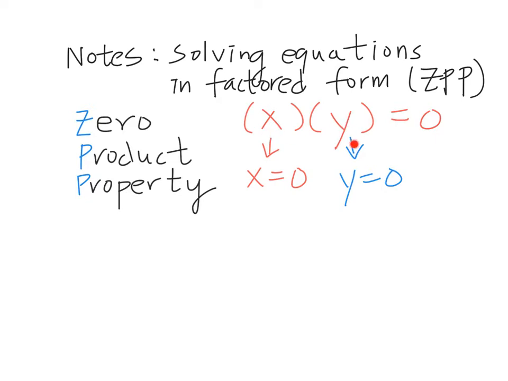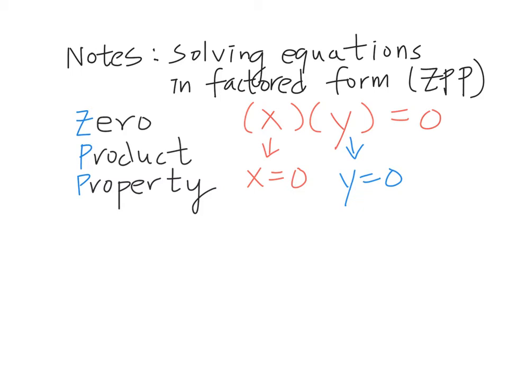Anything times 0 will make the whole equation true. So as long as you have two things multiplying each other and equal to 0, you only need one out of the two to equal 0 in order for the whole equation to be true. So when you see problems like this, you need to set both the first parentheses and the second parentheses to 0 and solve.